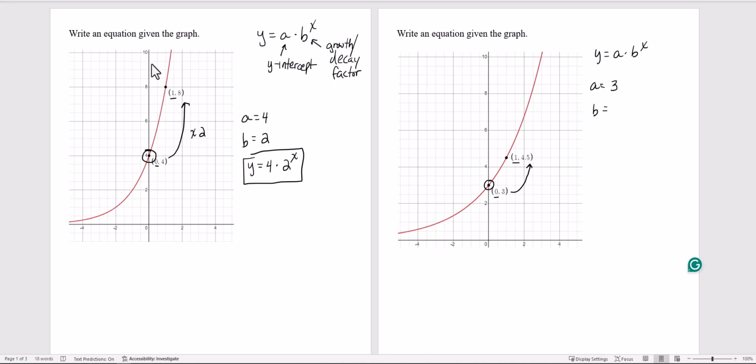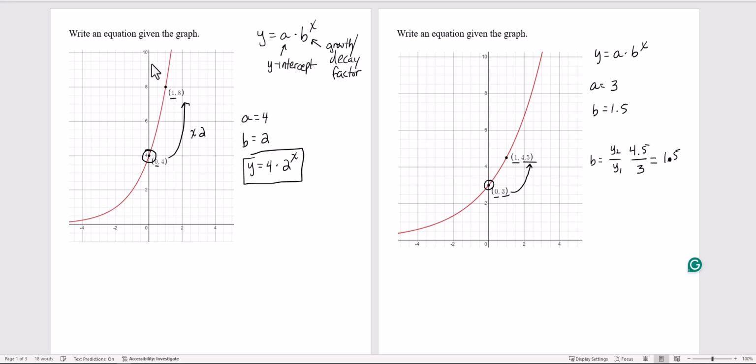So when we encounter problems like this, a formula that we can use to figure out our b is y2 divided by y1. So essentially you're taking the second y value, which in this case is 4.5, dividing it by the first y value, which in this case is 3, and that's going to give you the factor used to get from 3 to 4.5, which in this case would be 1.5. When we divide 4.5 divided by 3, we would get 1.5.